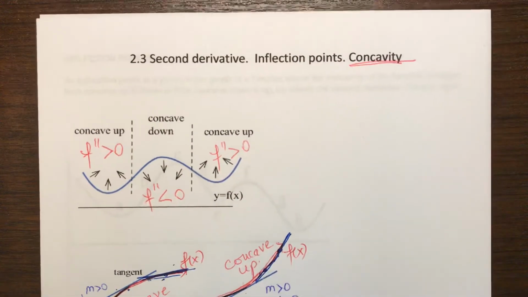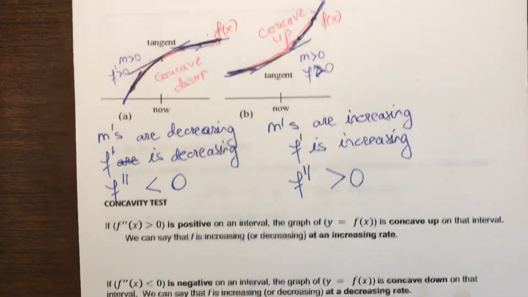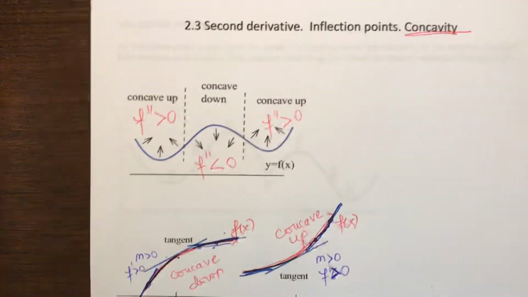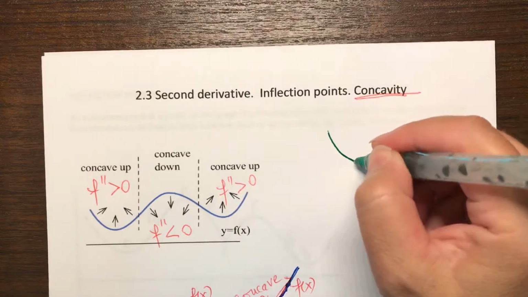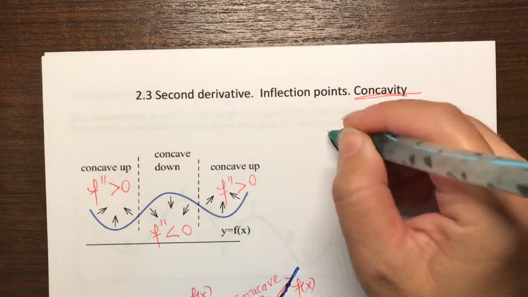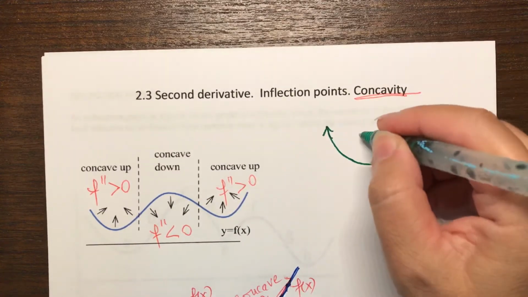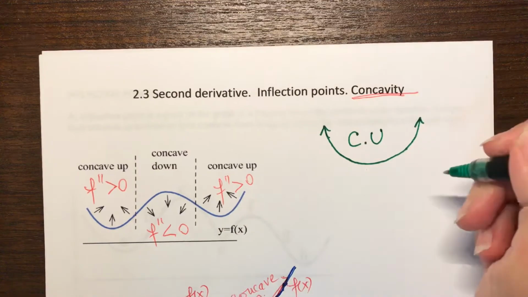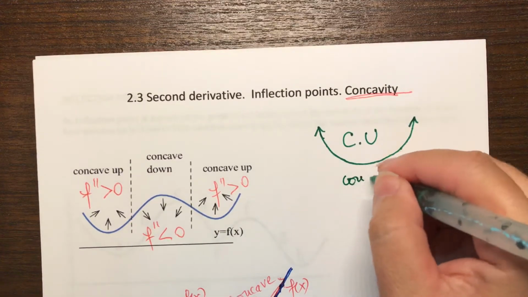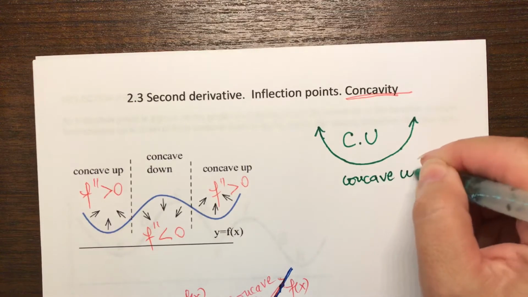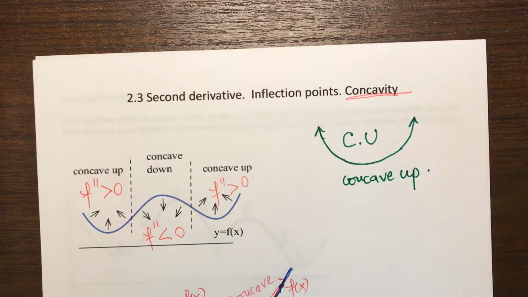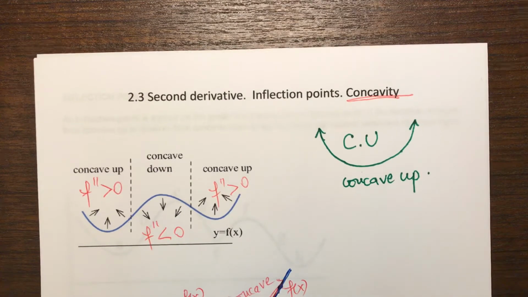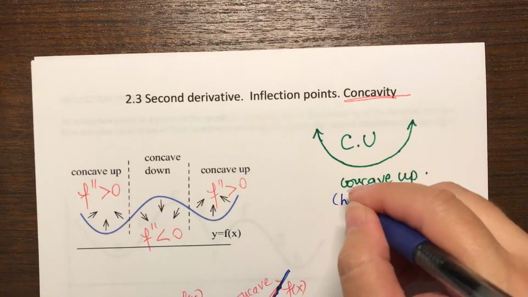One way of remembering this on concavity, I'm going to draw this one more time for you. This is definitely concave up. And we're going to just write CU for concave up. Now, to remember that a graph is concave up, you think about it, it holds water.